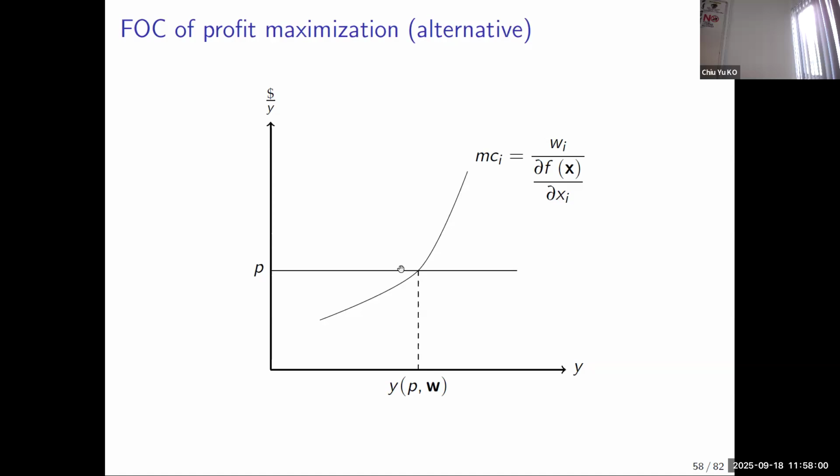Although Wi may not change, the marginal product is getting smaller and smaller as you keep increasing the input I. The marginal product is actually dropping, so that's why it goes up. And you cut somewhere. This is the output function, depending on the prices, what output the firm is going to take. Is that okay? So this is output.